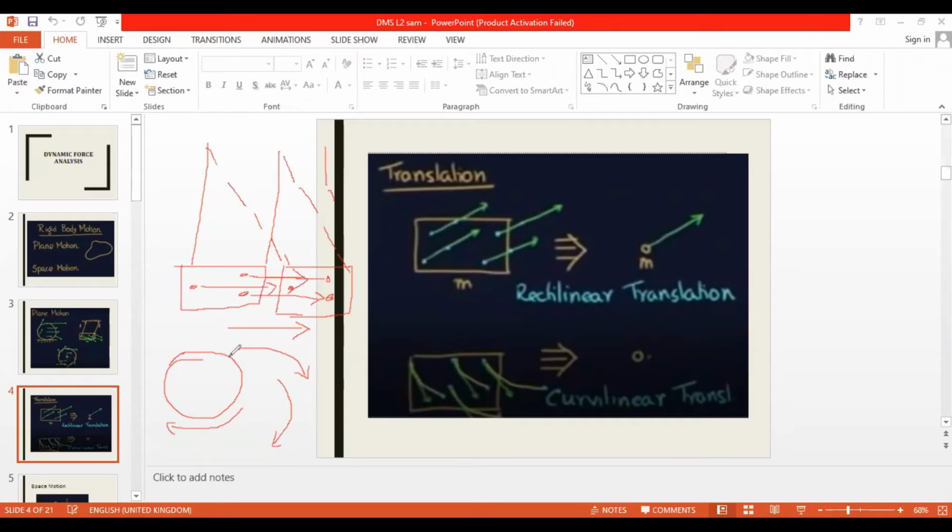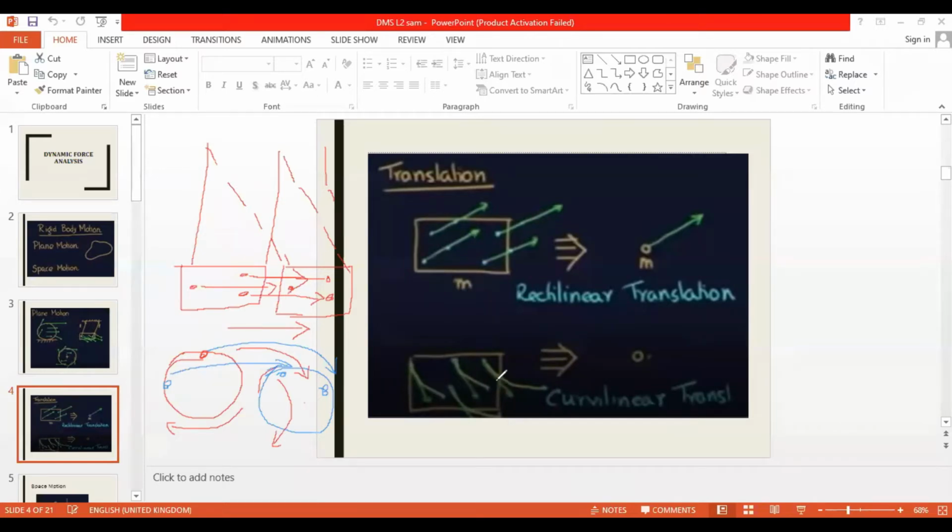For example, a particle in this position may have come to this position, or this position. A particle which is here might have come to this position. If you take the individual motion, they are exhibiting a curvilinear motion, a kind of curved path. That's why it is curvilinear translation.